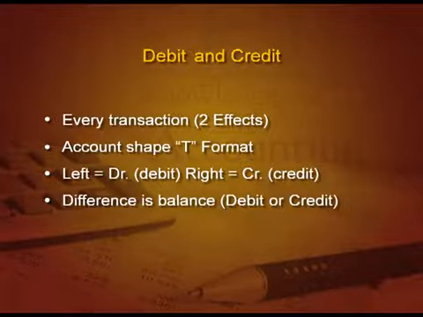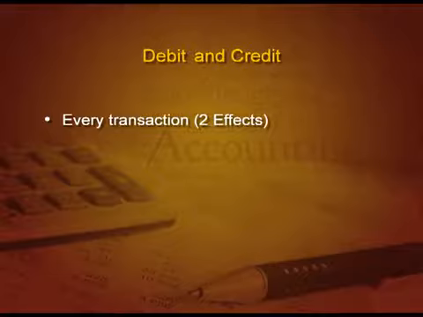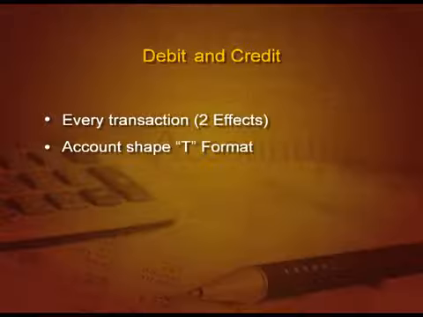Now, let us understand another very important aspect of accounting, that is debit and credit. As you know, this double entry system was started by Luca Pacioli, an Italian mathematician. So, he first used these words debit and credit. He said every transaction has two effects, one debit, one credit, and we make an account in T format.